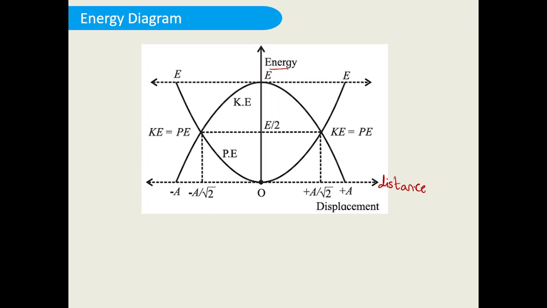The total energy is equal to half k a square. This is the graph of kinetic energy and this is the graph of potential energy. This is the point where kinetic and potential energies are equal, and it is exactly half of the total energy, at minus a divided by root 2 and plus a divided by root 2. Okay, so I hope you understood the diagram.